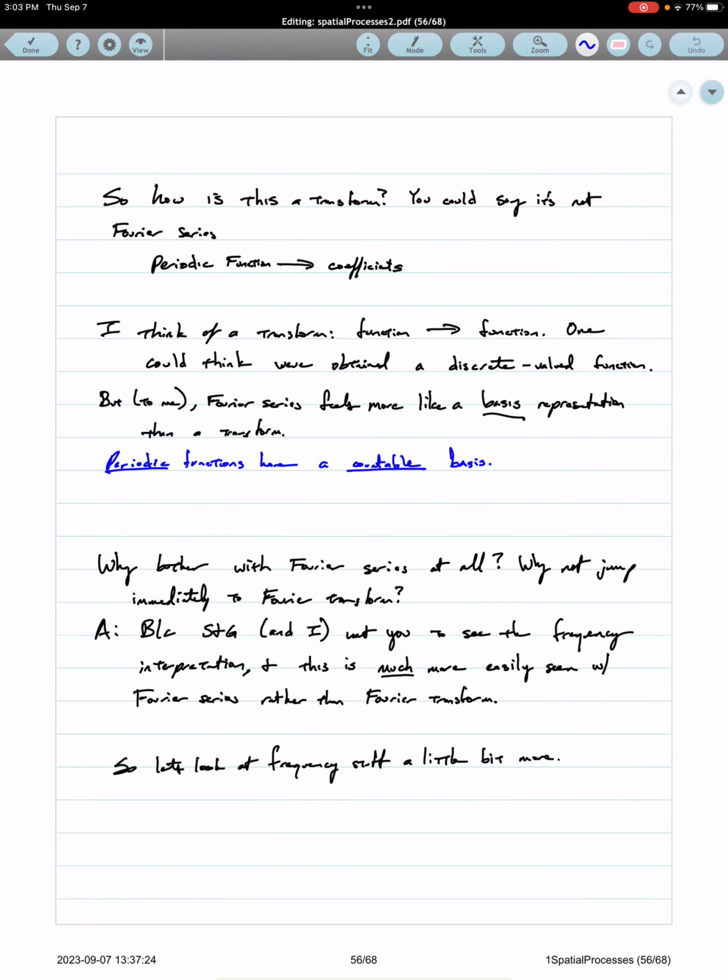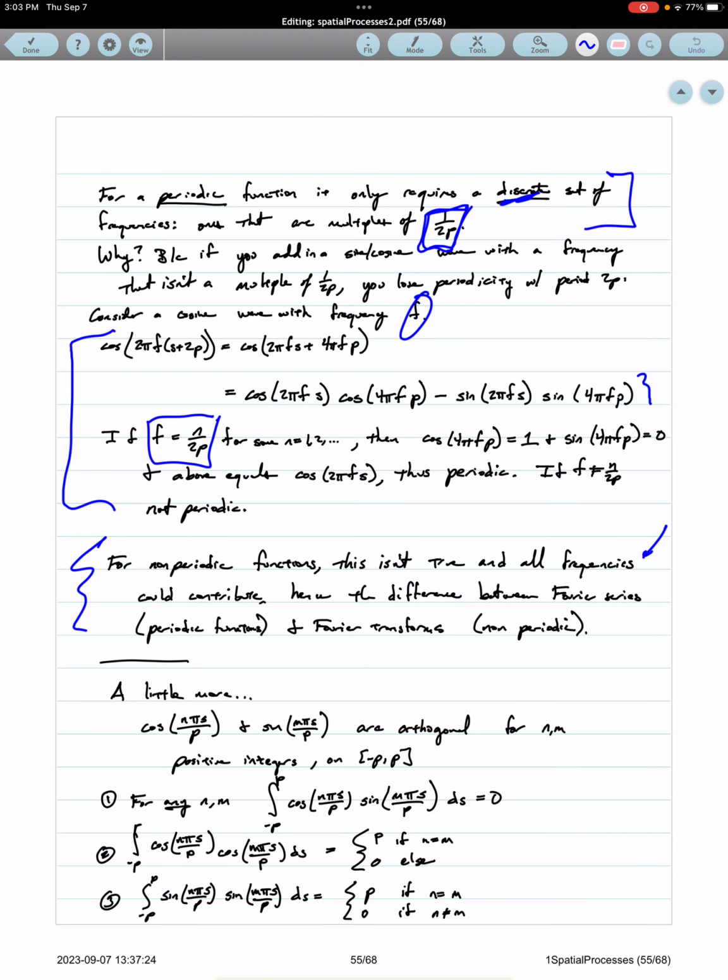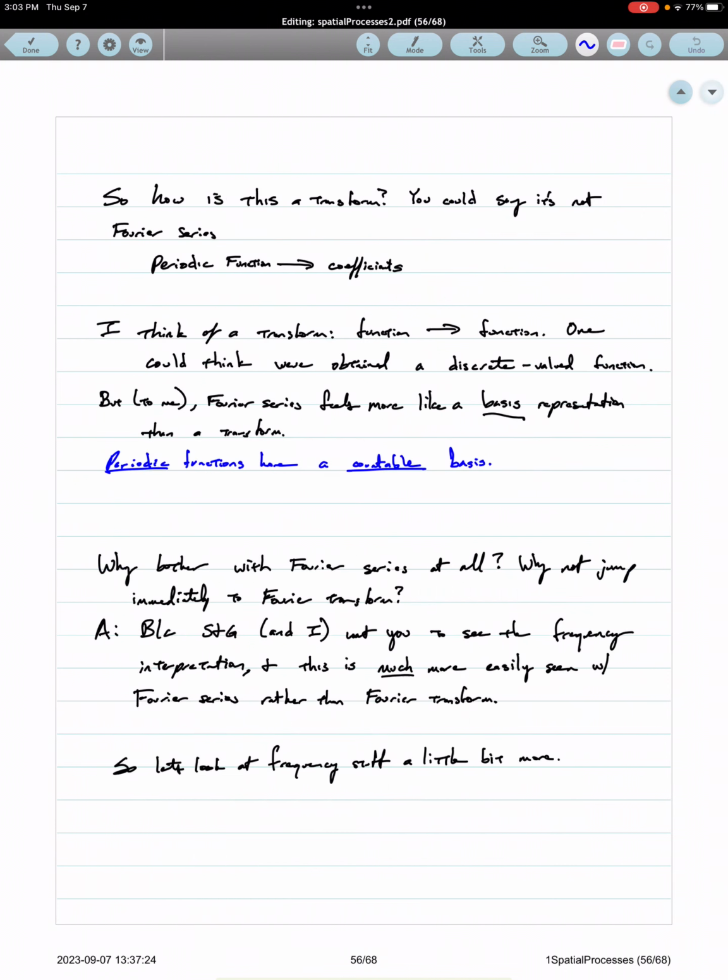Let me continue on for just a little bit more here. I was just talking about the difference between Fourier series and Fourier transforms. We talked about how we start with a periodic function, we get to a coefficient, so that's the transform.